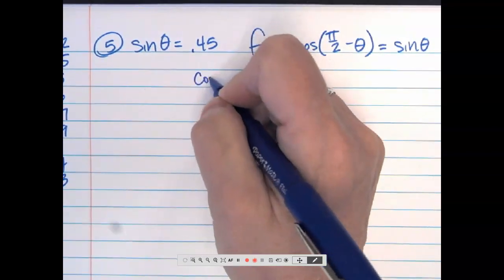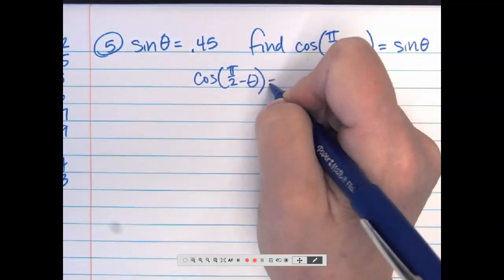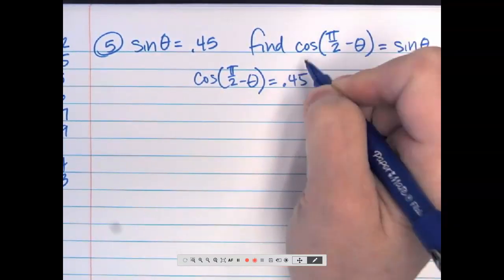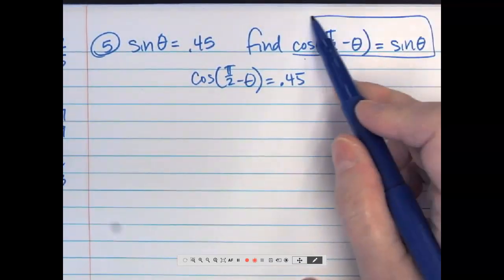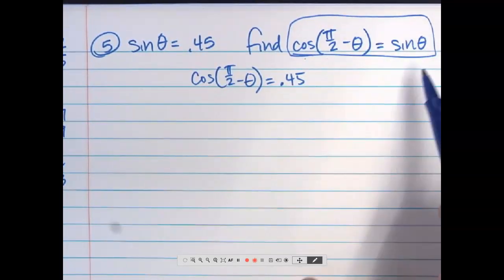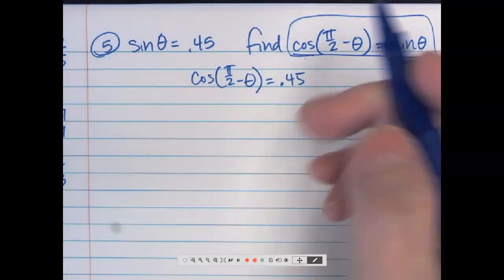So I would just say cosine of pi over 2 minus theta is 0.45. And that's it. So just using that identity to realize that those are the same as each other. So then we're subbing in that 0.45 in the place of sine theta. Everybody okay with that?